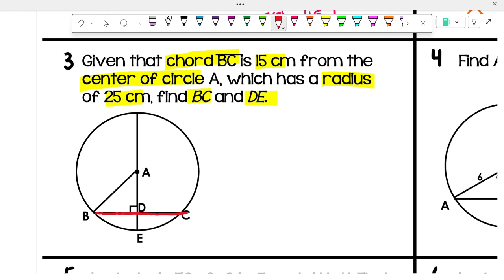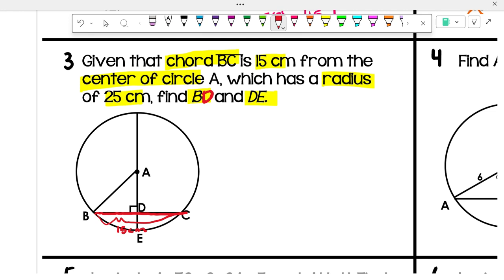Okay, so this is a typo. You're supposed to be finding BD, not BC. So we're going to find BD and DE because they already gave us chord BC. So this will be 15 centimeters. They then said that the radius, what segment's my radius on here?